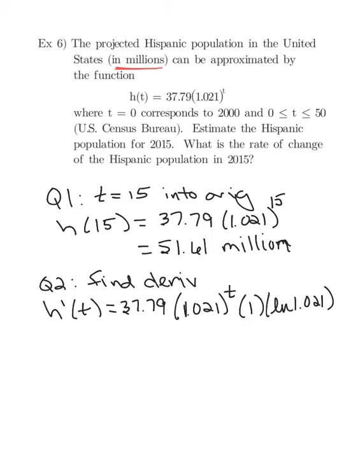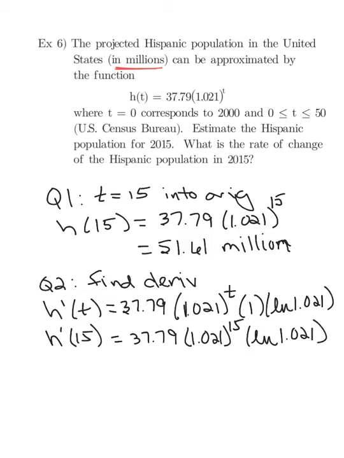We want to find the rate of change at 15. So we are going to put year 15 into this thing. We're going to have 37.79 times 1.021 to the 15th power. We don't need to write that times 1, times the natural log of 1.021. Do all this in your calculator. You should get 1.07, and remember, this is in millions.